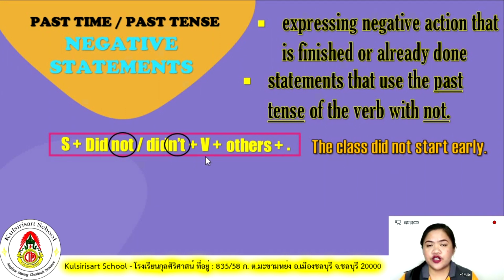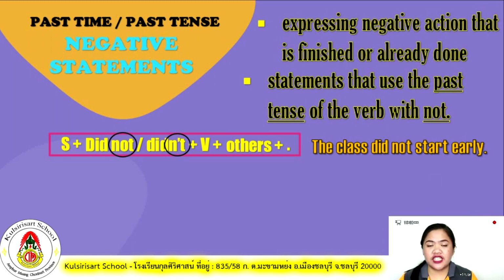And the verb, which is start. Remember that if you are using did, do, or does in the sentence, you will change your verb into its main form. Which means it should not bear ed, it should not bear s, or it should not bear any. Just the main verb. Okay?